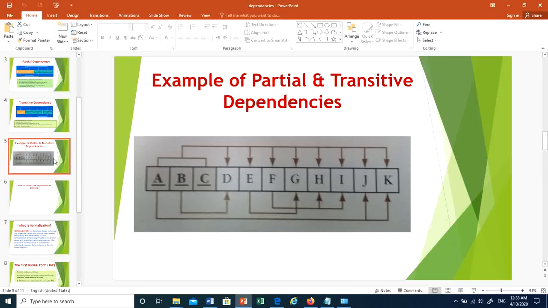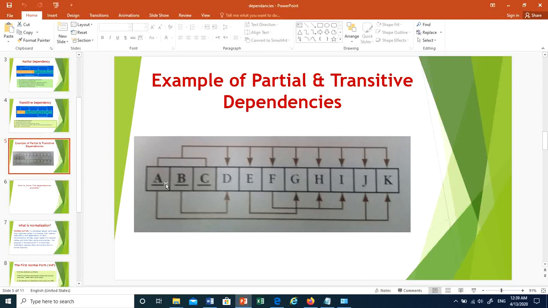Because here, when you look at this one, since for example E can determine G, I don't think that we should keep it here. We should take E and G outside and make them a table by themselves. And since F can determine H and I, we can also take F, H and I to make them a table.